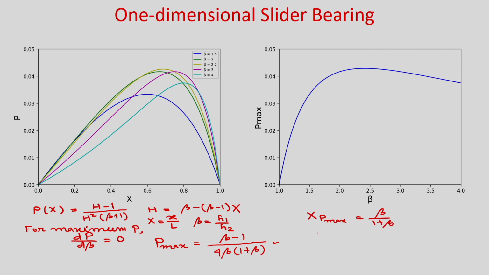If you want to find this beta at which P max happens, this will be 1 plus root 2, which is 2.414, and the value of P max at that beta is 0.043. So, at 2.414 it becomes maximum, and the corresponding P max value is 0.043. Okay. So, just slightly above here.